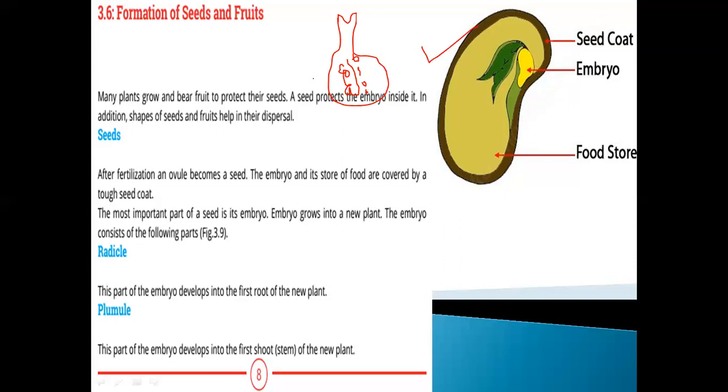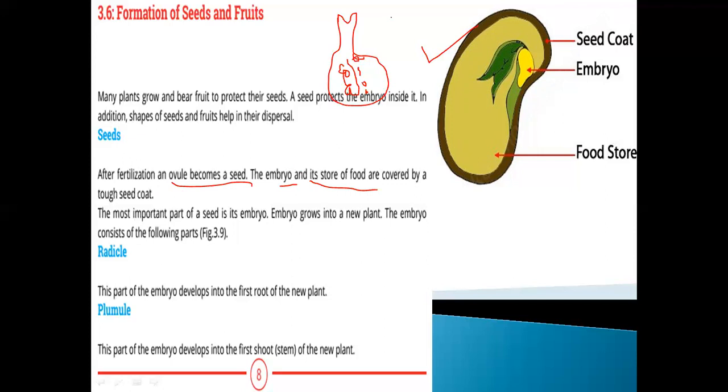When the pollen grain reaches these ovules and after fertilization, some changes go on. And due to these changes, seeds are formed. The ovules change into the seeds. Now if you see, that ovule becomes a seed, and the embryo and its stored food are covered by a tough seed coat.